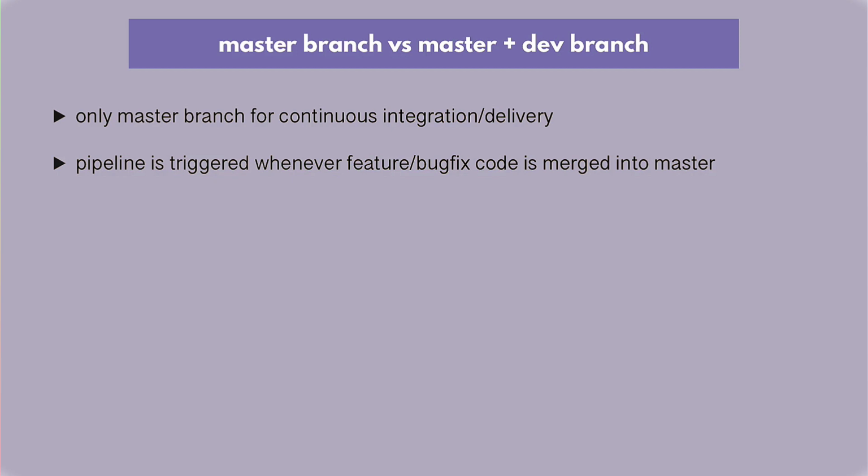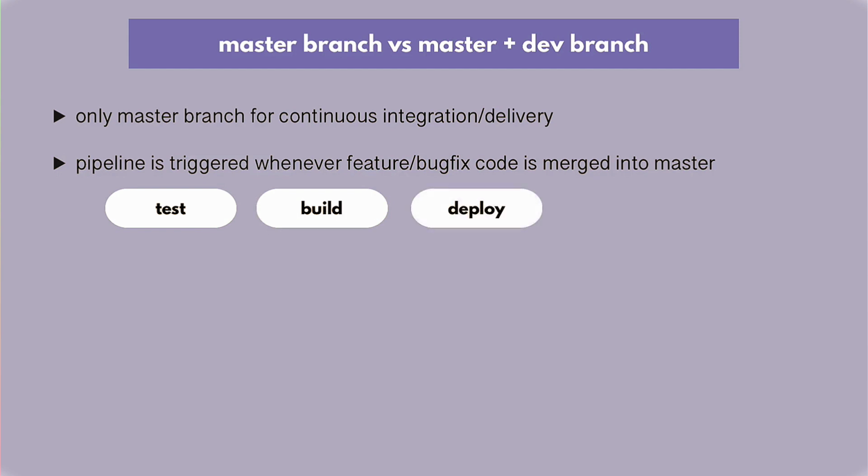Because the way it works is that every change that you make to the code, meaning every time a new feature gets completed and merged into master branch, or every time a bug fix gets completed and merged into master branch, that will trigger a pipeline that will test the code and that will build the application and deploy it at least to the staging server, right?